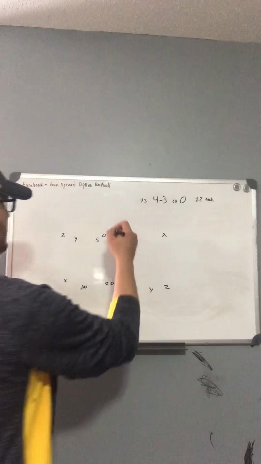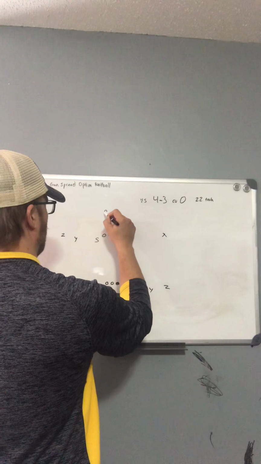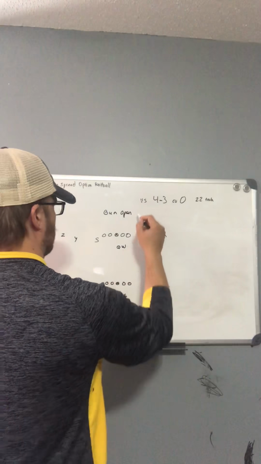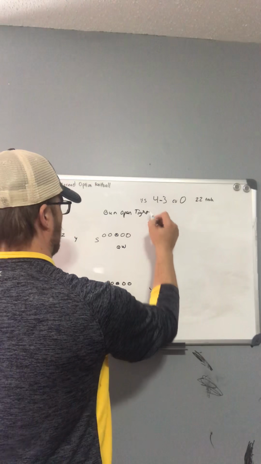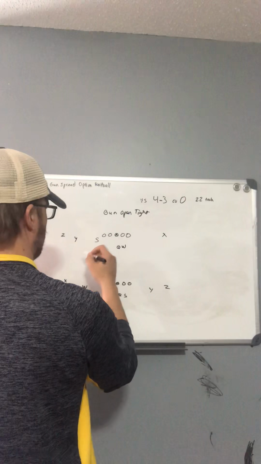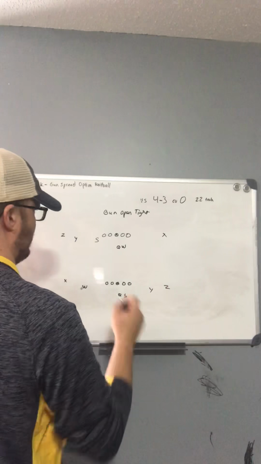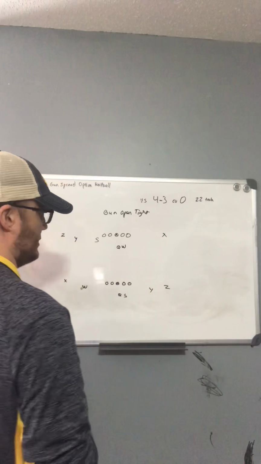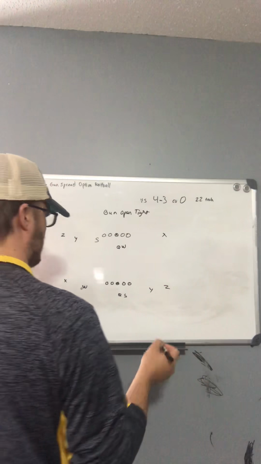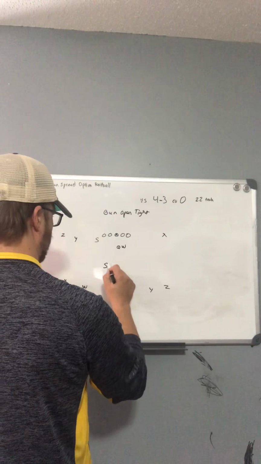So some people, for us this is gun open tight, because the S is 1 by 1. You can have them out here too, which would be regular gun open. And for some people this is going to be trips X, either 31 personnel. You got different names you're going to call it. This is our gun shoot.